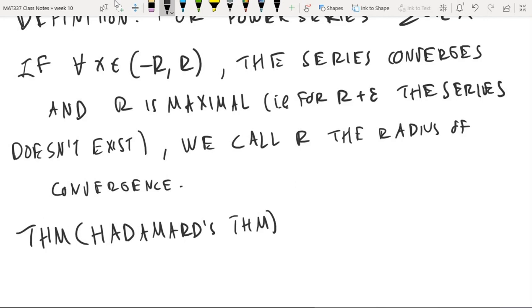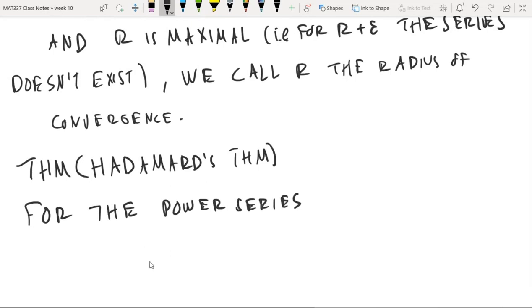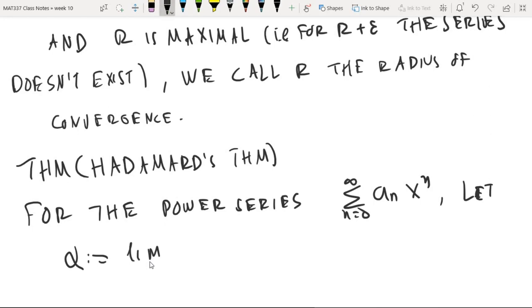We get the statement: for the power series summation a_n x^n, let alpha be the lim sup of |a_n| to the 1 over n.